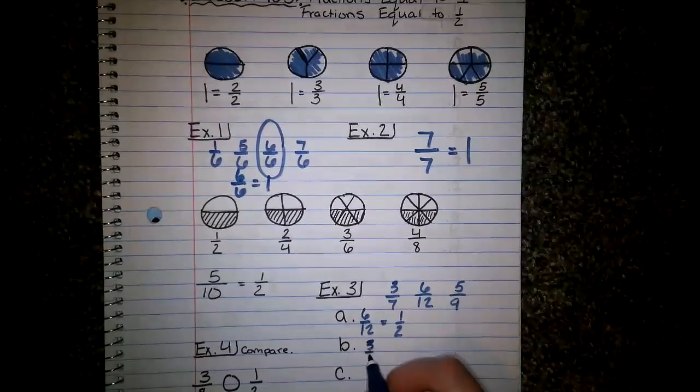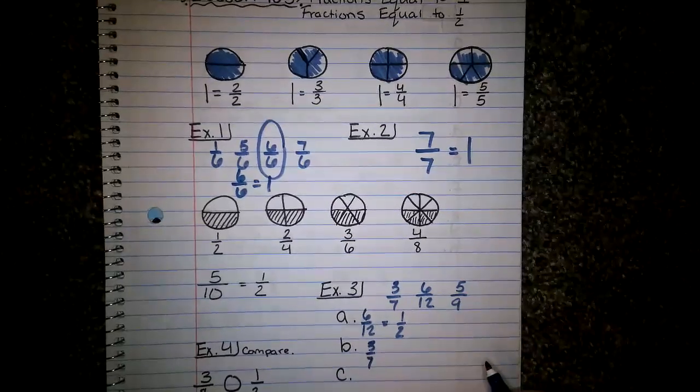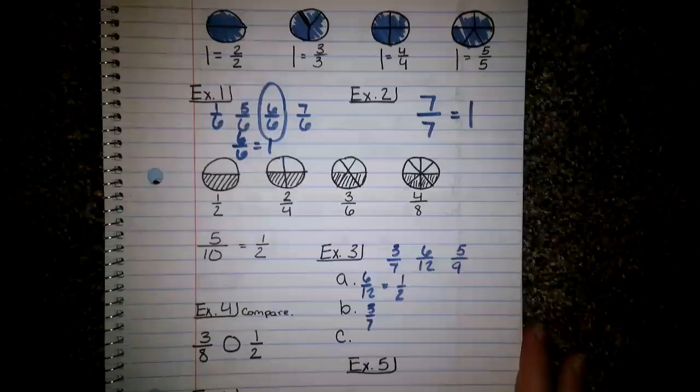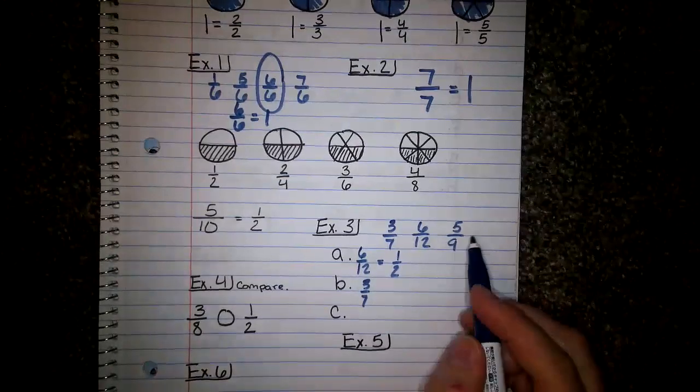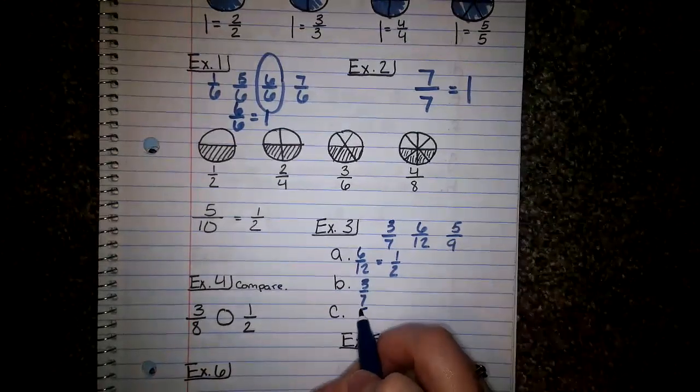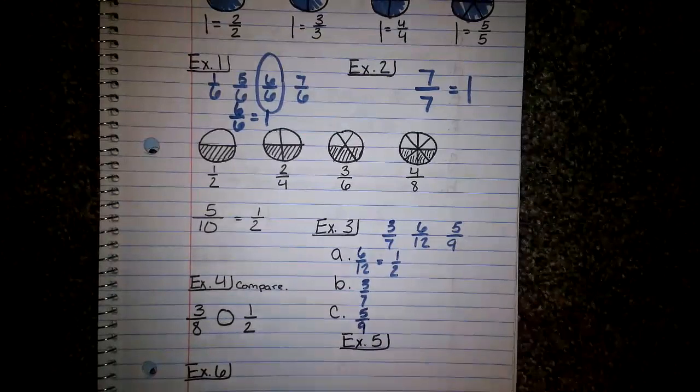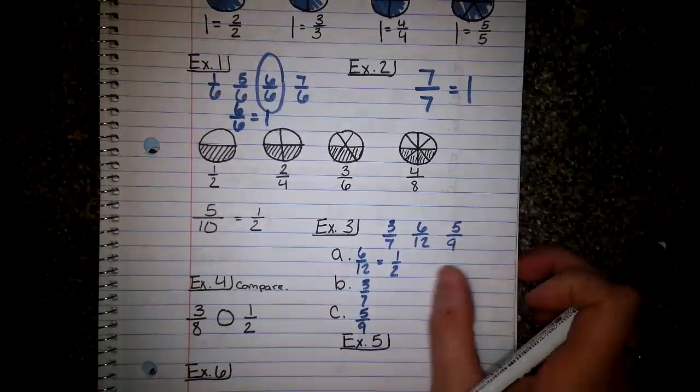So 3/7 is our answer. Now, which one is greater than 1/2? We have 5, which is greater than half of 9. So in that case, the one that's bigger than 1/2 is 5/9. Okay? All right.